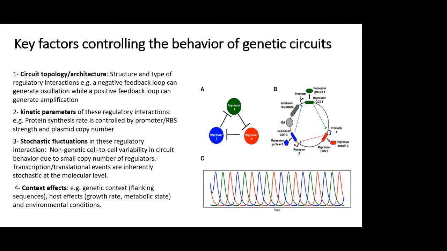These are context effects that affect the circuit behavior itself, because they all come down to the steady state concentration. They affect the steady state concentration and the dynamical behavior of circuit components. So here are some of the important factors that affect circuit behavior.